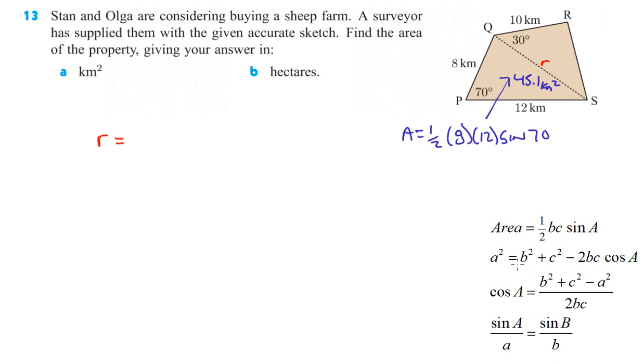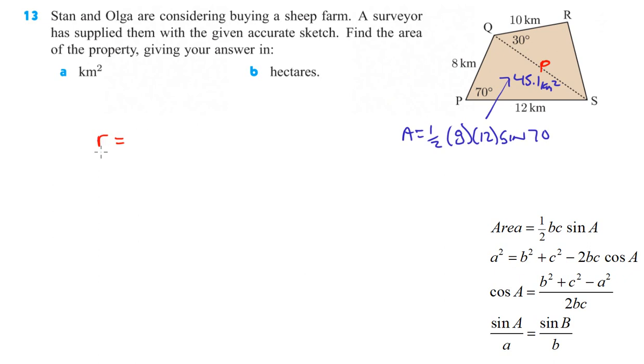Actually, let's call this little p, because then we can use this triangle over here where we have all the information that we need. And little p is going to be the same thing as this little r right here.